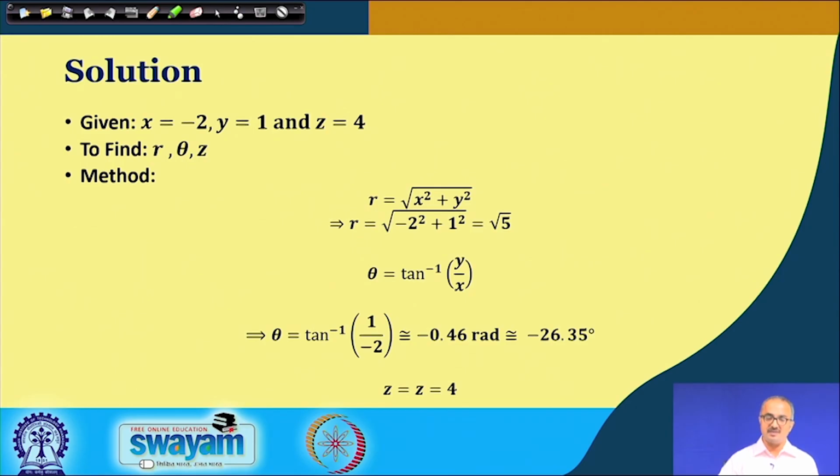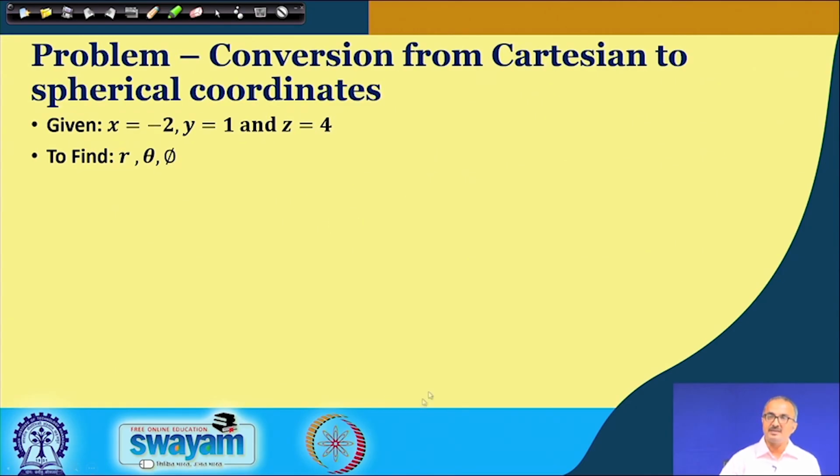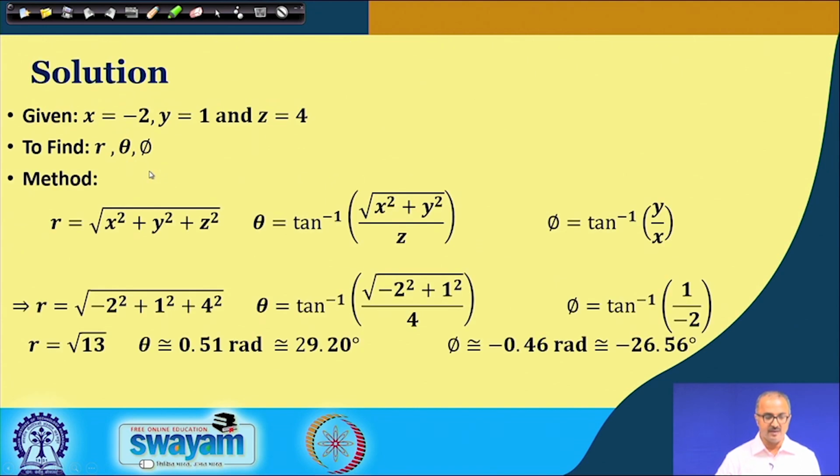Next is to convert the Cartesian coordinate to spherical coordinate. Again, here we have the points -2, 1, 4. We have to find out r, theta, phi. To find r, theta, phi, we apply these equations.